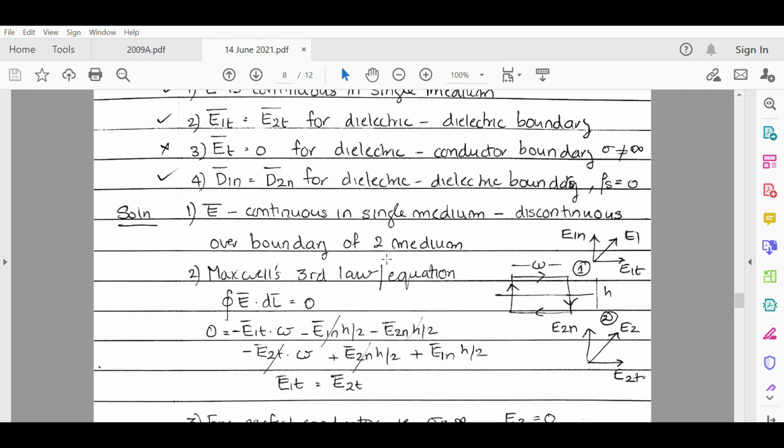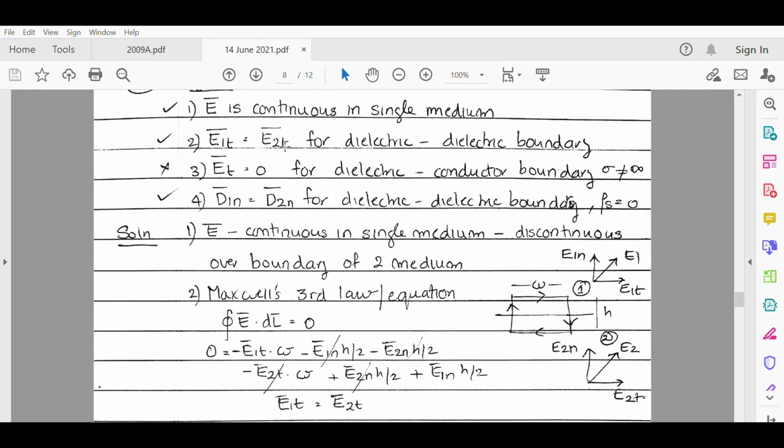Now in order to prove this, that the tangential component is equal, we will apply Maxwell's third equation, which is nothing but Faraday's law of electromagnetic induction. So the closed line integral of the electric field is equal to 0.